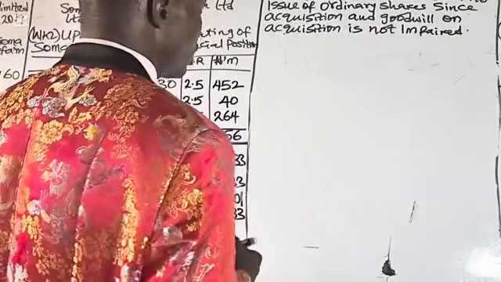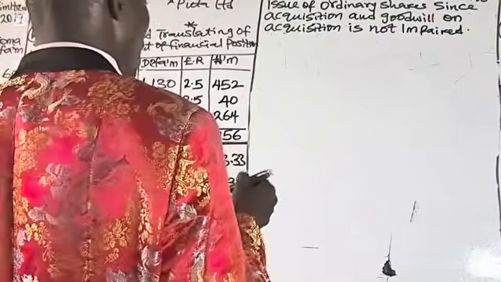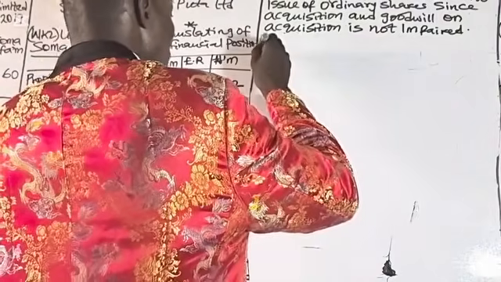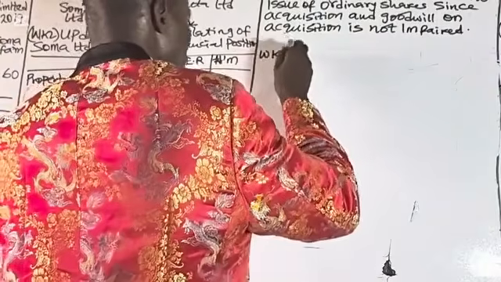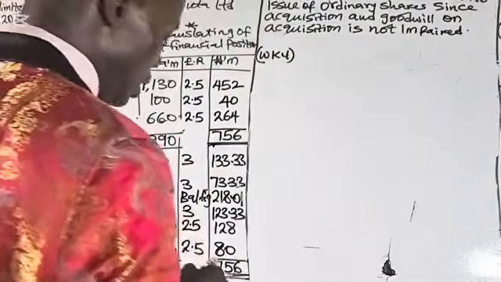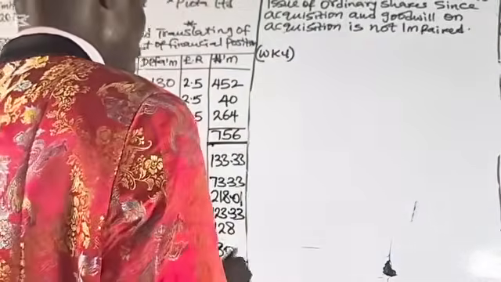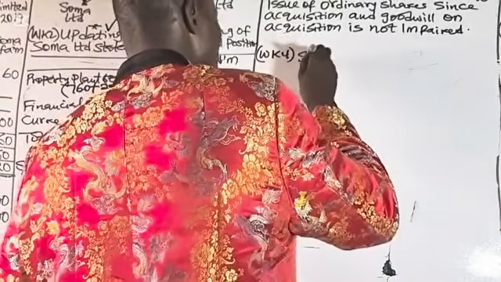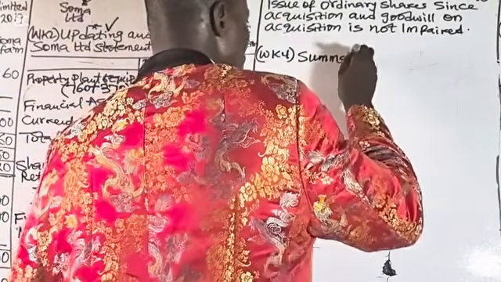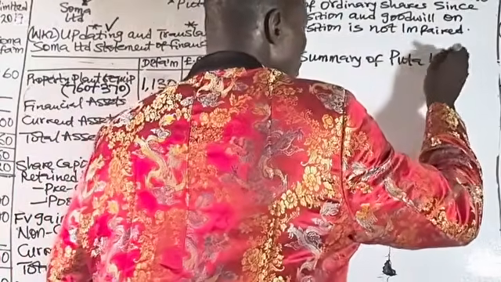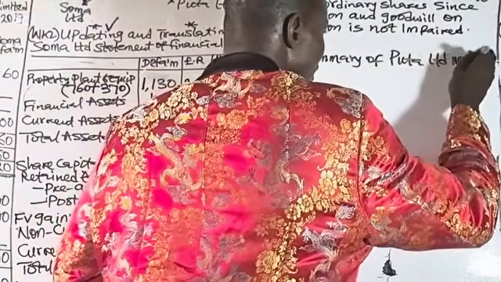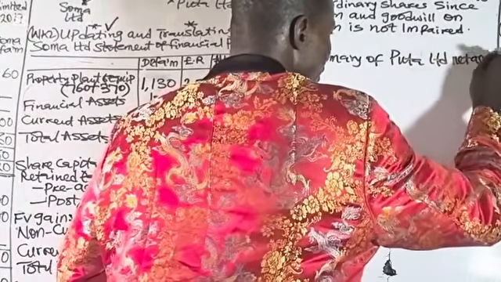Before we start the consolidation, let's have the summary of Puta Limited net asset, work number 4. Remember, Puta Limited is not a foreign subsidiary. So we have summary of Puta Limited net assets.